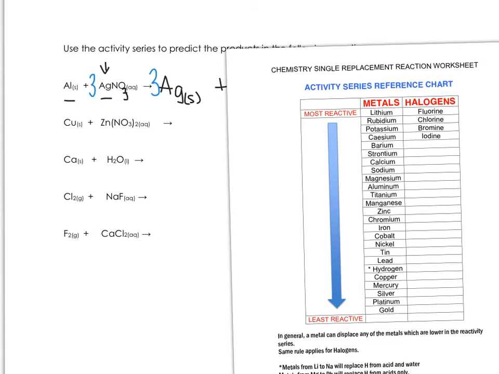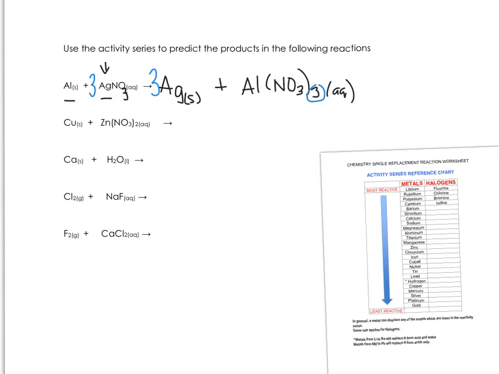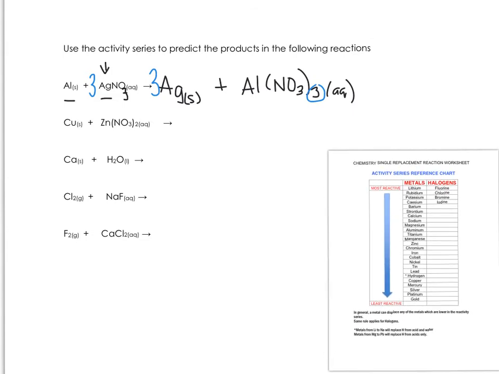This reaction will not occur. Because copper is lower, it's less reactive. So this will be an NR, no reaction.